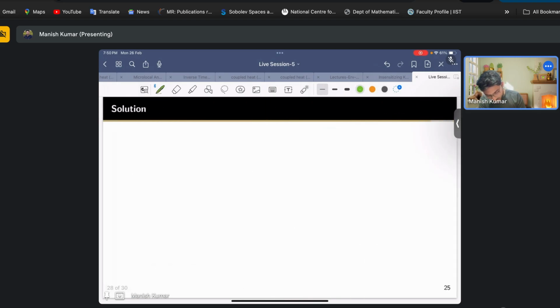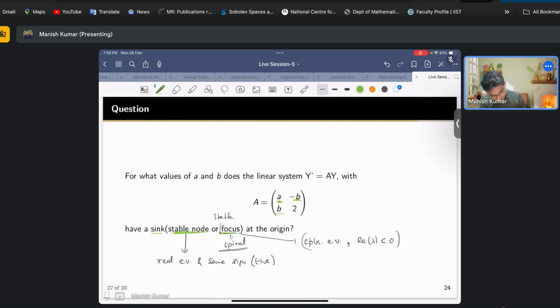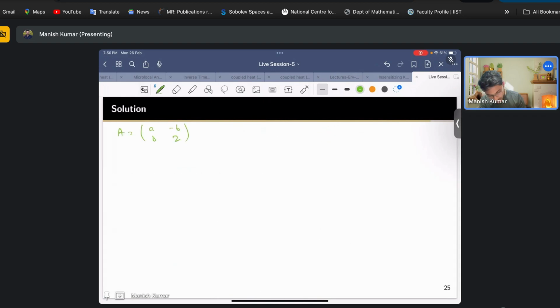So A is a, minus b, b and 2, correct? So A minus lambda I equal to 0, if I do, I'll get a minus lambda, minus b, b, 2 minus lambda equal to 0. So if I do it, I'll get lambda minus a, lambda minus 2, plus b square.